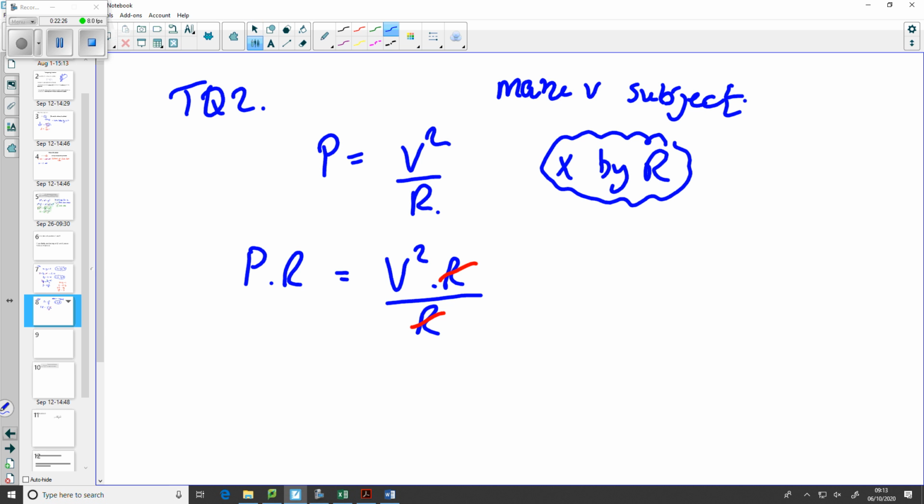To leave V squared. And I'm going to just write it the other way round, because I want it on that side anyway. P times R. And how do we finish it off? Square root both sides.